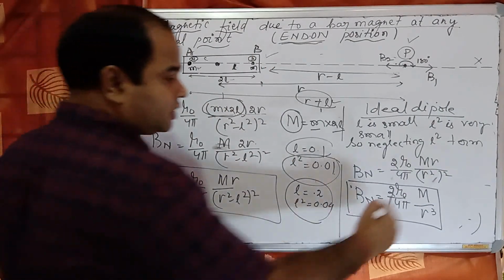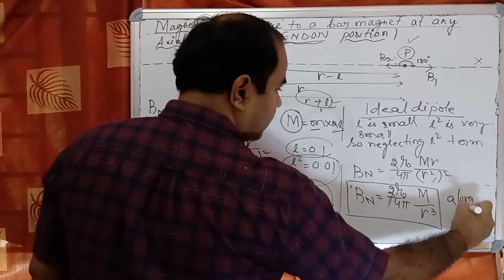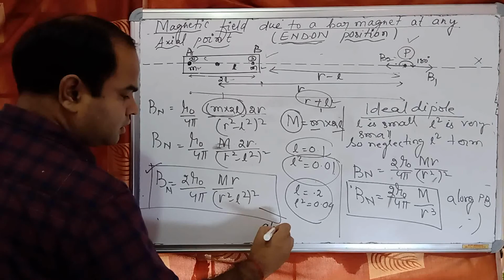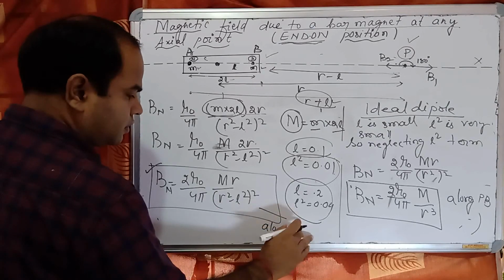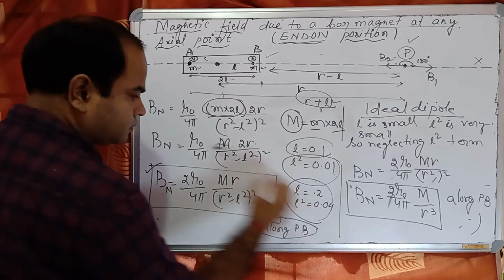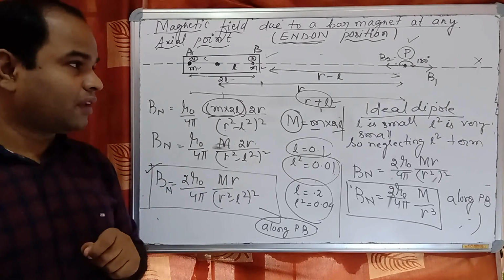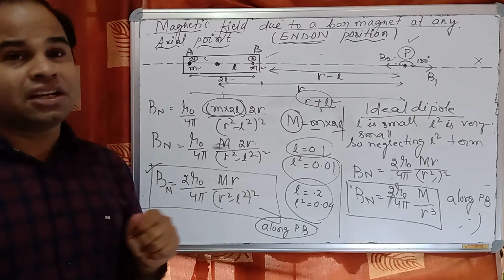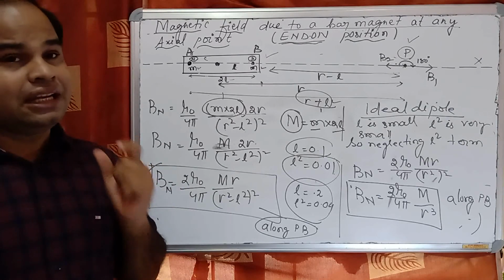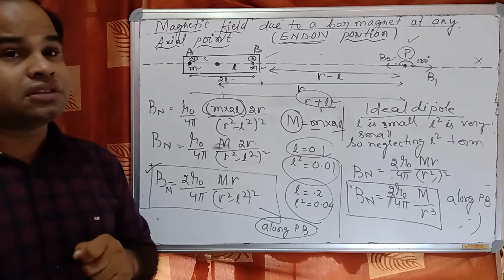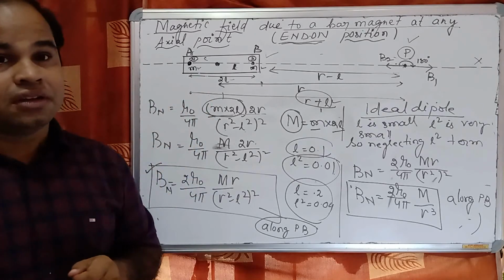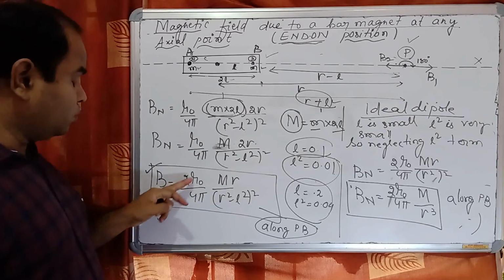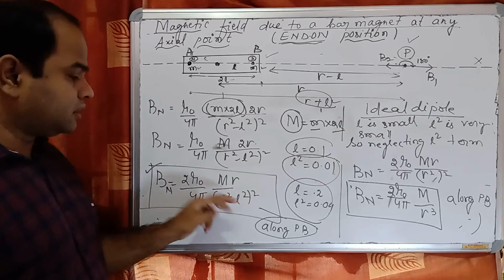What is the direction? The direction is along PB. Again I am saying, when you consider a bar magnet, the magnetic field at any axial point which is r distance from the center of the dipole or magnet is given by 2 mu naught of 4 pi m r by r square minus l square.